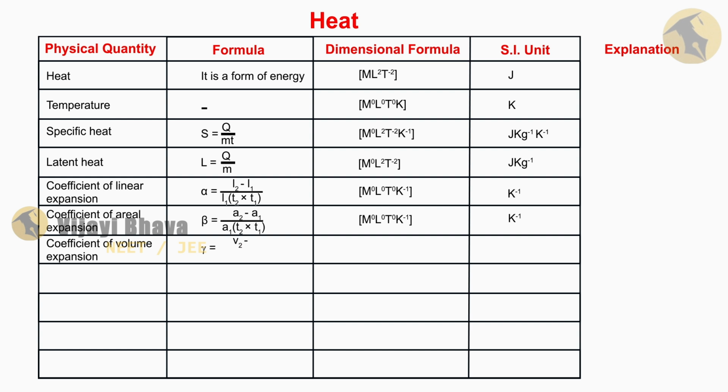Here the difference of volume and the original volume get cancelled, leaving the difference of temperature in the denominator. When it comes to the numerator, it becomes K minus 1. Thus, the coefficient of linear expansion, coefficient of areal expansion and coefficient of volume expansion all have the same dimensional formula K minus 1.